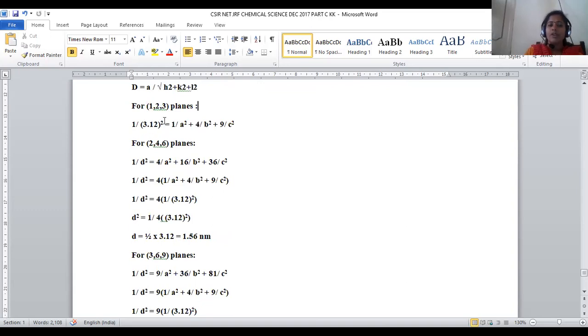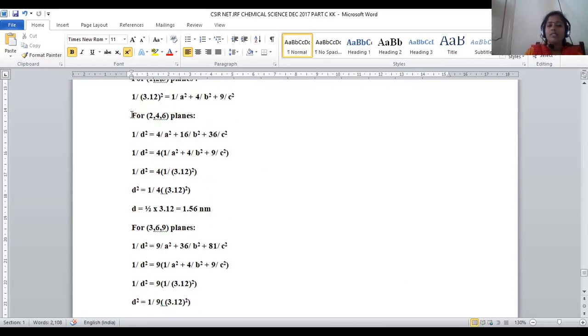So 1 by 3.12 whole square is equal to 1 by a square plus 4 by b square plus 9 by c square. Why is it 1, 4, 9? Because 1 square by a square, 2 square by b square, plus 3 square by c square. 1 square is nothing but 1, 2 square is nothing but 4, 3 square is nothing but 9. This is for the 1, 2, 3 plane.